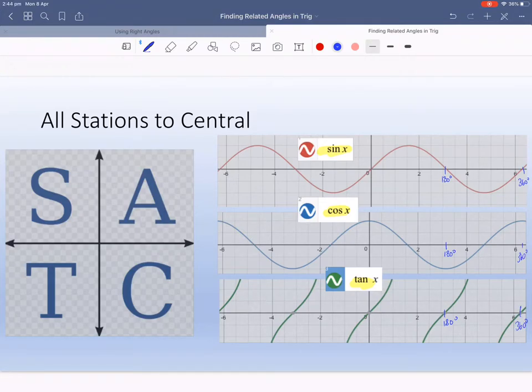And this is obviously 0 degrees, and here is negative 180 degrees, and negative 360 degrees, okay?